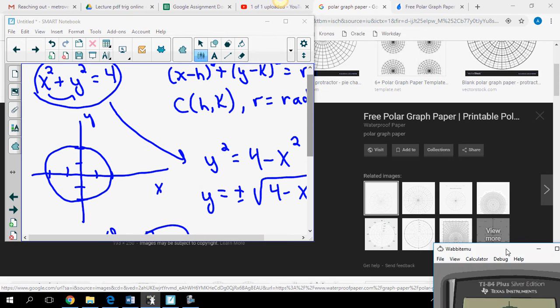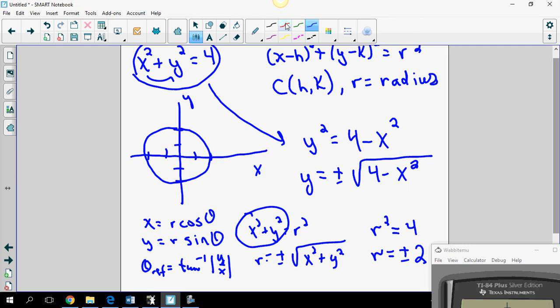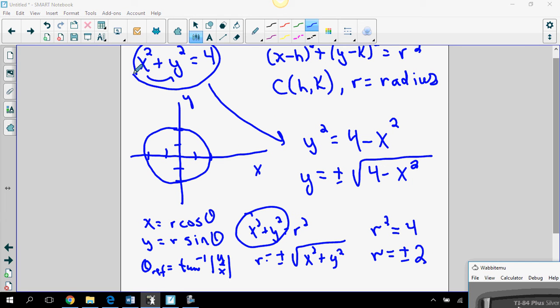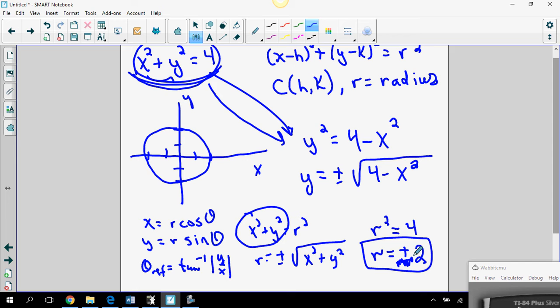So technically, polar equations are awesome. This one has x's and y's and numbers, and you have to memorize and do some work to get to it, whereas this easily translates into here, and you don't even need the negative radius. So this equation here is way simpler than that equation. So now graphing circles has just become easy instead of hard.